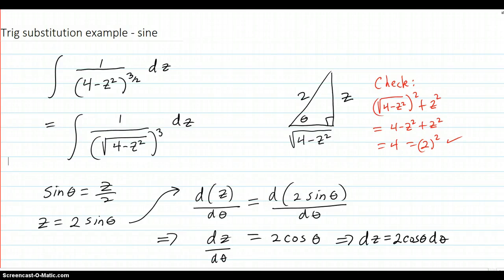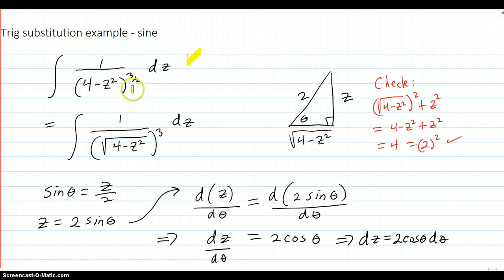We're going to integrate with a trig substitution using the sine, this integral right here. It looks like a trig substitution because we have the 4 minus z squared and we're thinking sine, but we need it to be a square root there in order to use that trig substitution.